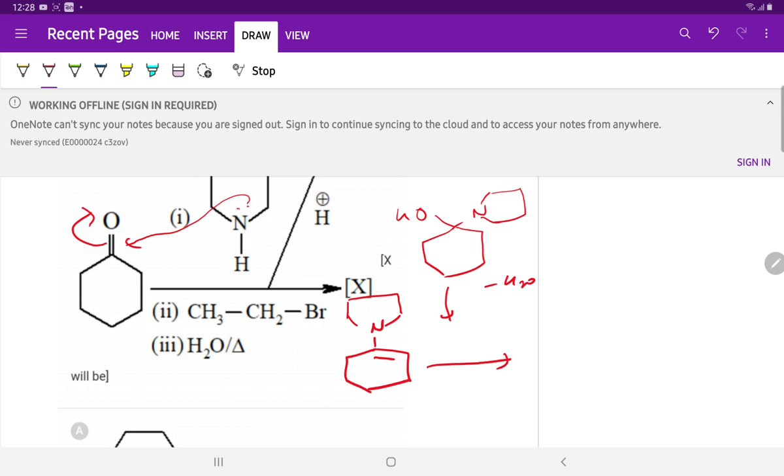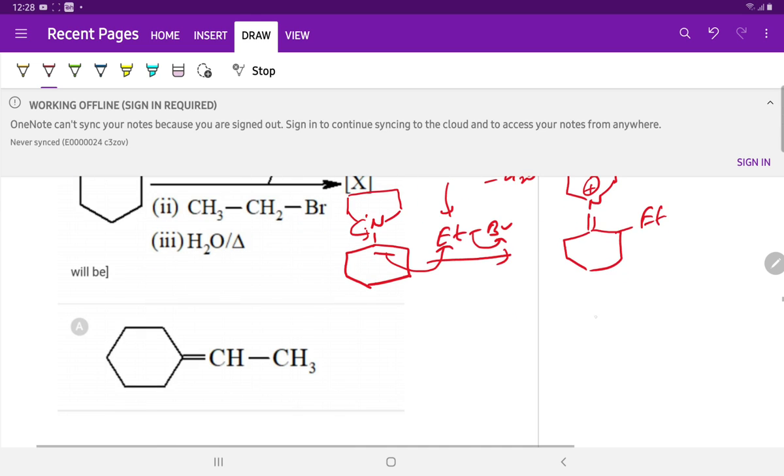When this enamine reacts with ethyl bromide, this lone pair will push onto this carbon and this will attack on this carbon and Br minus leaves, giving a double bond to N plus and Et.